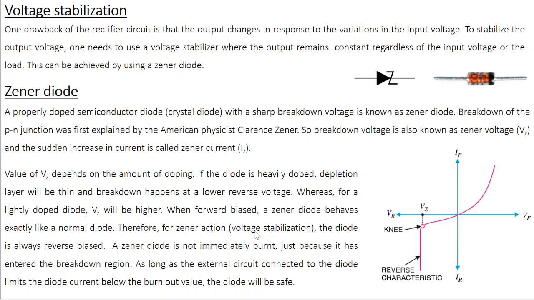But for Zener action, you need to drive the diode into the breakdown region. In other words, for Zener action, you need the Zener diode to be reverse biased. So mainly you use a Zener diode for voltage stabilization applications, and whenever you use a Zener diode, typically it is reverse biased.